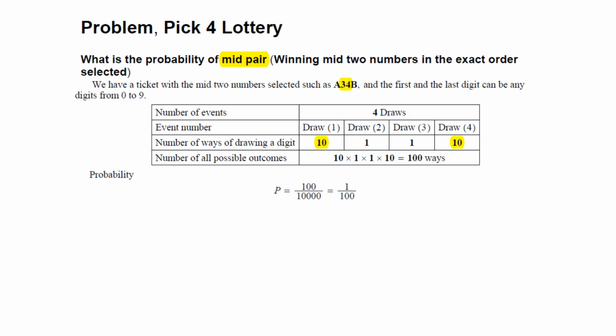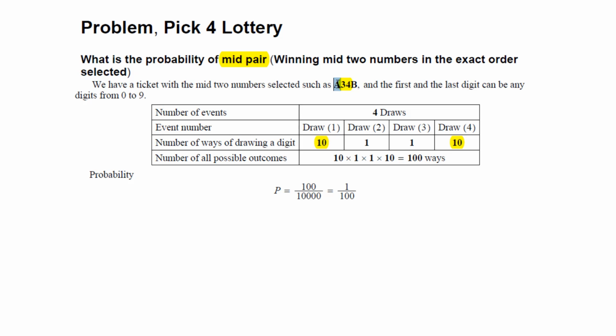What is the probability of mid pair, which means winning the mid two numbers in the exact order selected? In this case, we win the mid two numbers only, and we do not win the first and the last number. So if we play mid pair, we can still win.